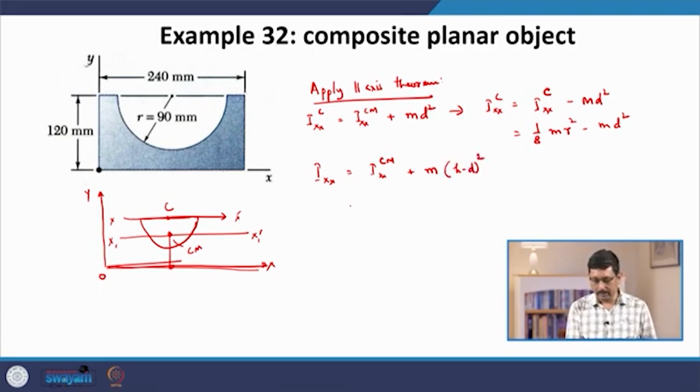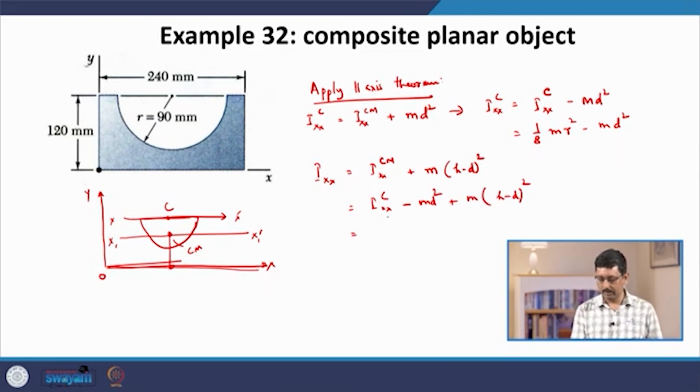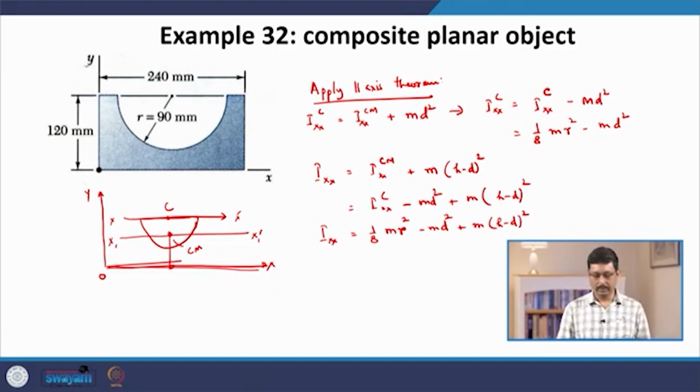So, if I plug in everything, we are going to have this, and then we are going to have this. So now this is our required moment of inertia of the semicircle.